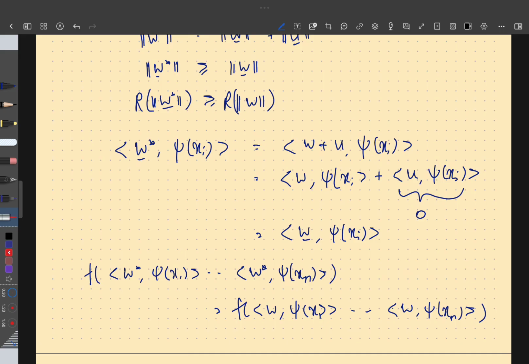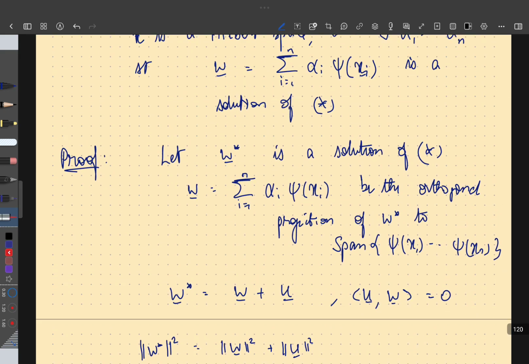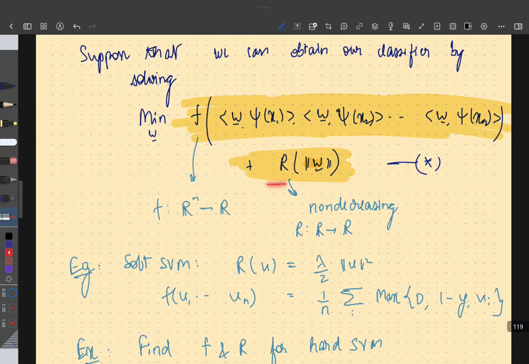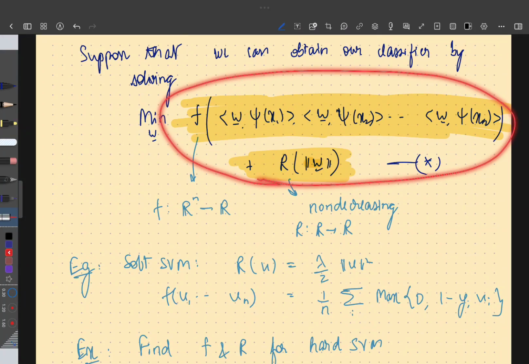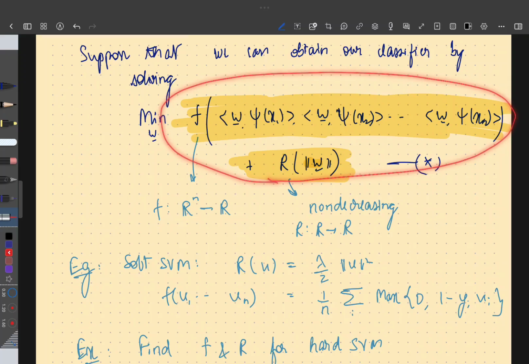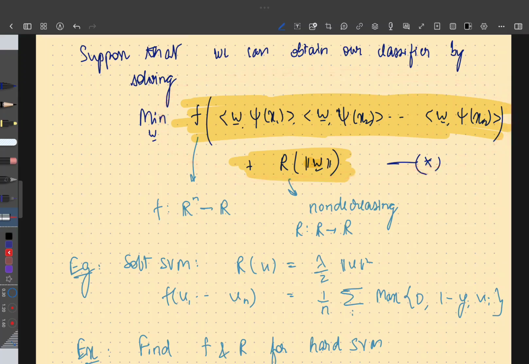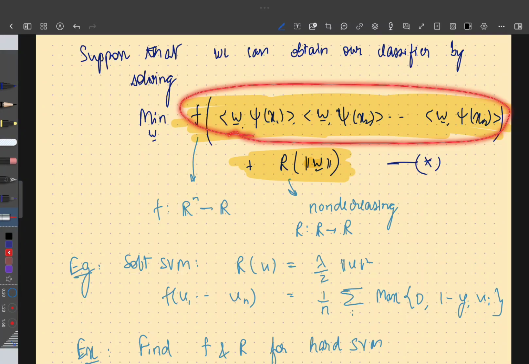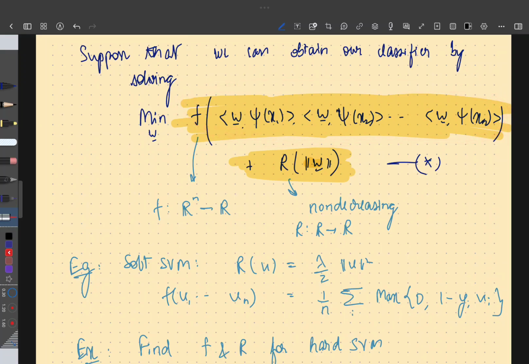So what we've basically shown is that if W star is any vector that minimizes this particular objective function, then there is a W which lies in the span of psi of x1 through psi of xn, which achieves an objective less than or equal to that achieved by W star. Because what is achieved for the first term is the same as for W star. So W star and W achieve the same value of f, but W achieves potentially a smaller value of r compared to W star.